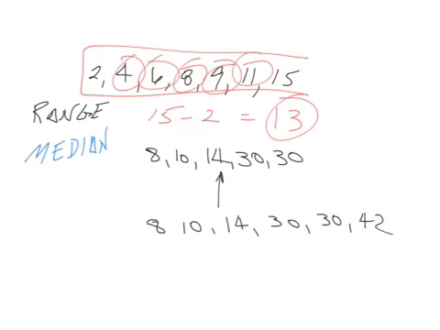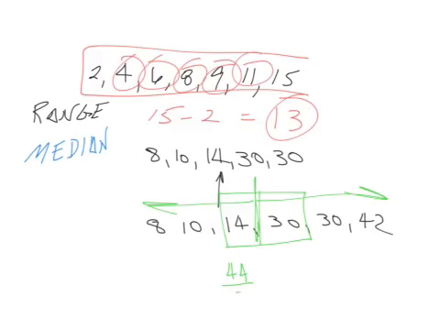So the middle of these would be right here. 3 on this side, 3 on this side. So what you do to find the middle is you take the 2 numbers that are in the middle, one on either side of the middle line. You add them up, and then you divide them by 2. And you get 22. So 22 is actually the median there, because there's an even number of numbers there.